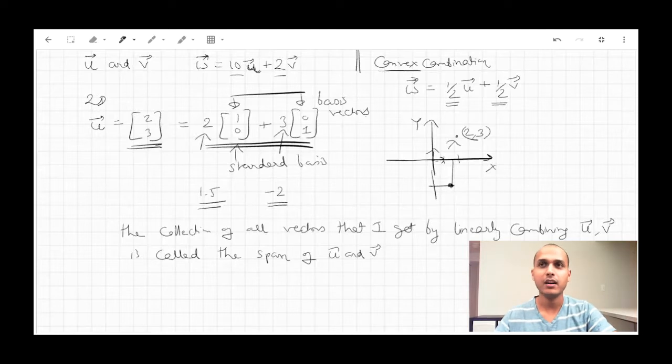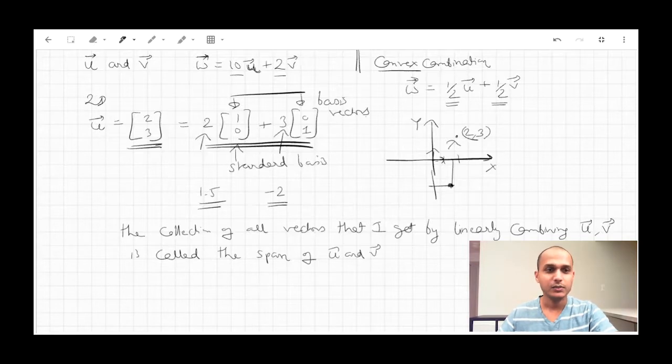So span is nothing but all the vectors that I can create by starting from a couple of vectors. And it need not be just a couple of vectors. If I had 10 vectors, then it is all the vectors that I can create by linearly combining these 10 vectors. You can just imagine adding 10 of these vectors with arbitrary coefficients in front of them.